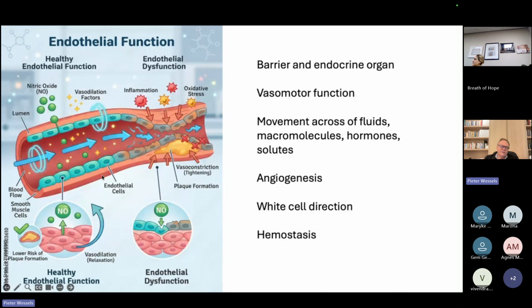Now, that endothelial cell, as I said, I'm going to spend 2 more minutes on physiology, because otherwise we won't get to the rest. That endothelial cell, the inner lining, controls the flow out of the vascular system, from the blood to the tissues. So it's movement of fluids, macromolecules, hormones, etc. And as I said, on the surface, if it senses that there's trouble in this area and you need help, it will put on the surface some ECAMs and VCAMs, and the white cells will then be directed.